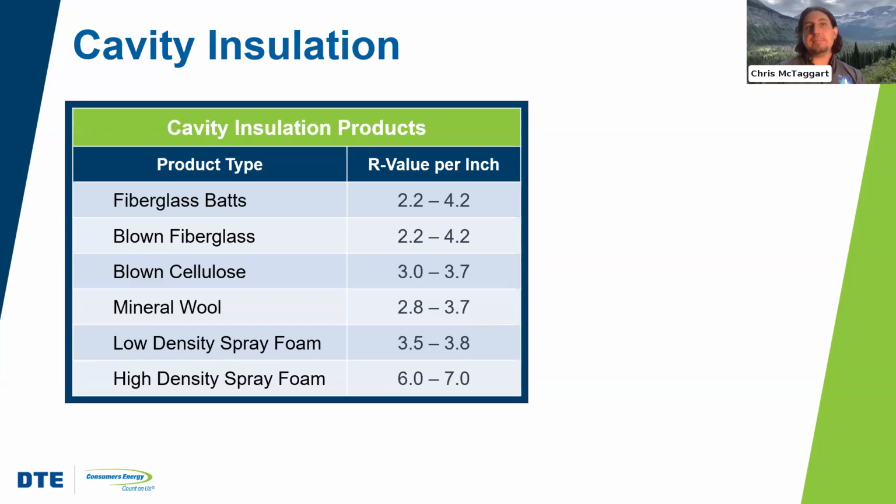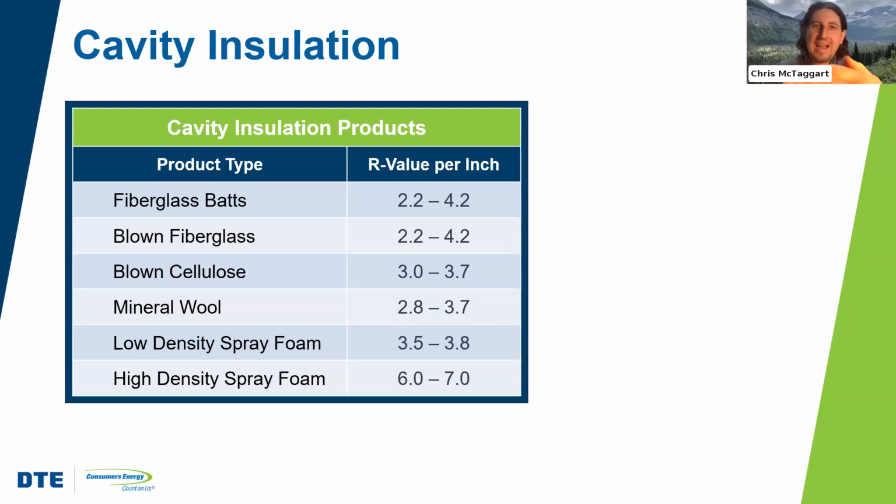Blown cellulose is an option. Mineral wool is basically a non-combustible sort of mineral or rock wool, as oftentimes it's referred to as. Has some other properties, but it can be used as an insulation product.